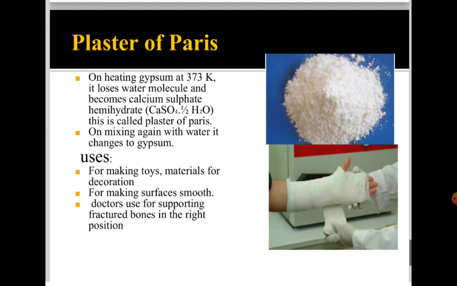This is called plaster of Paris. On mixing again with water, it changes to gypsum. Plaster of Paris is used for making toys, materials for decorations, and for making surfaces smooth. Doctors use it for supporting fractured bones in the right position.